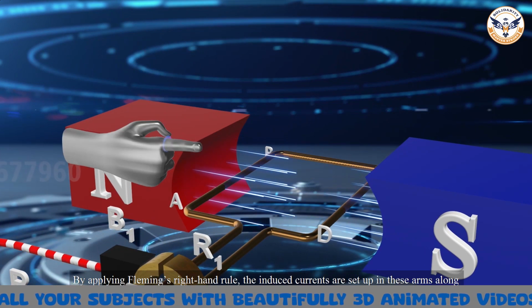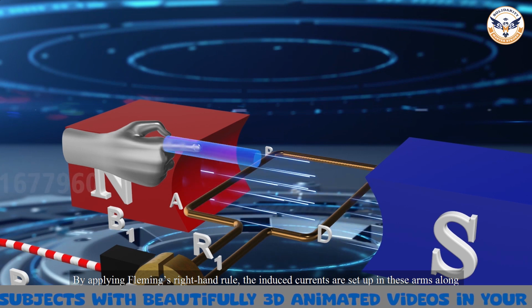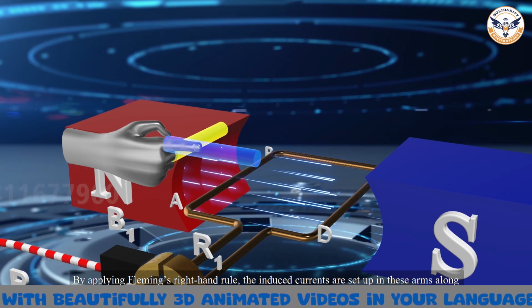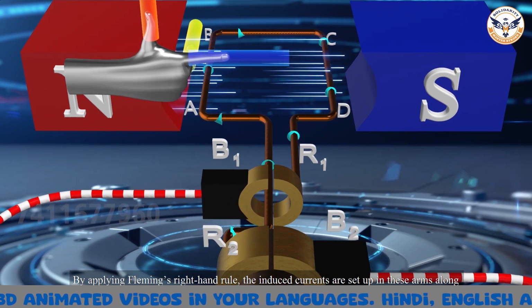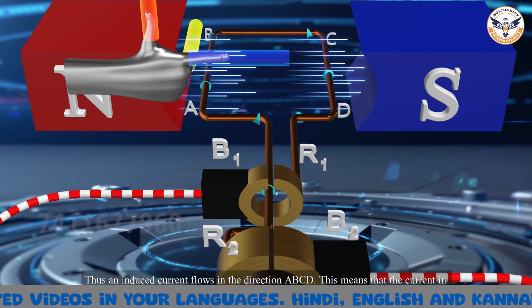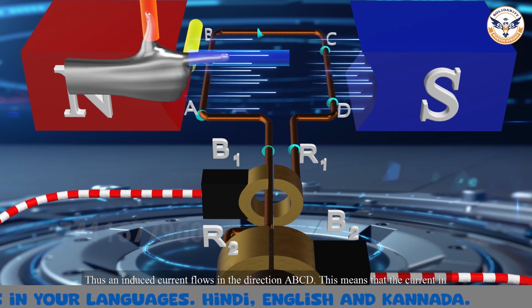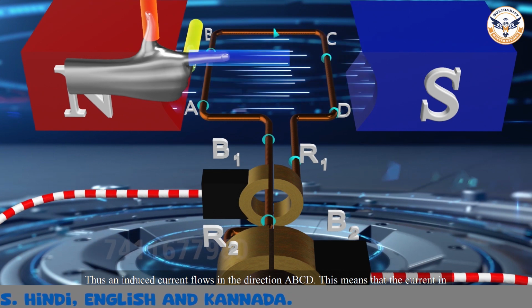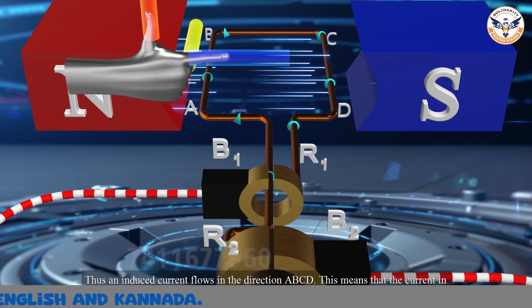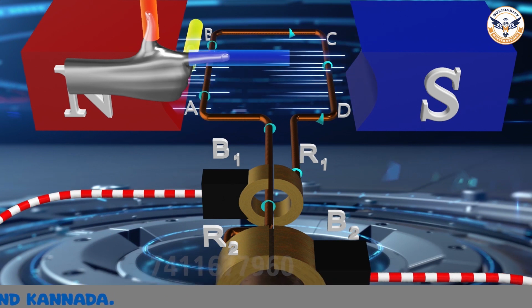By applying Fleming's right-hand rule, the induced currents are set up in these arms along the directions AB and CD. Thus an induced current flows in the direction ABCD. This means that the current in the external circuit flows from B2 to B1.